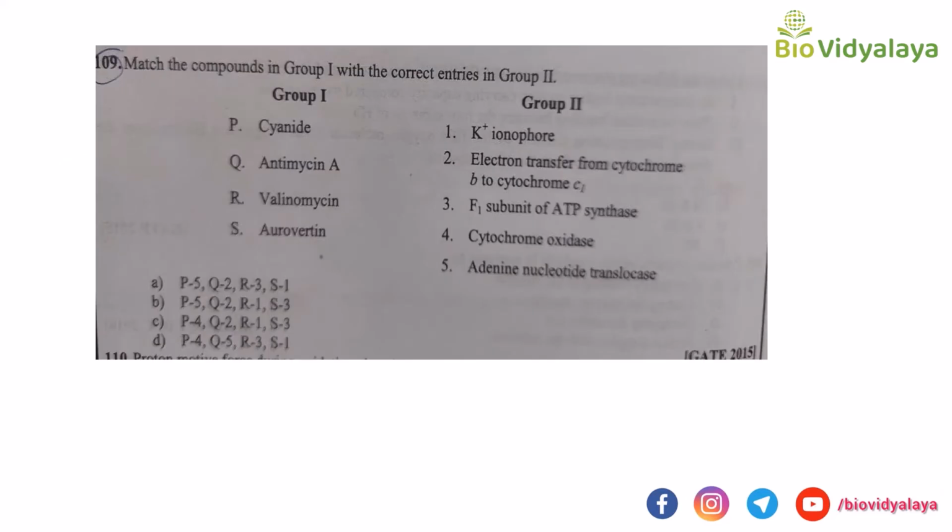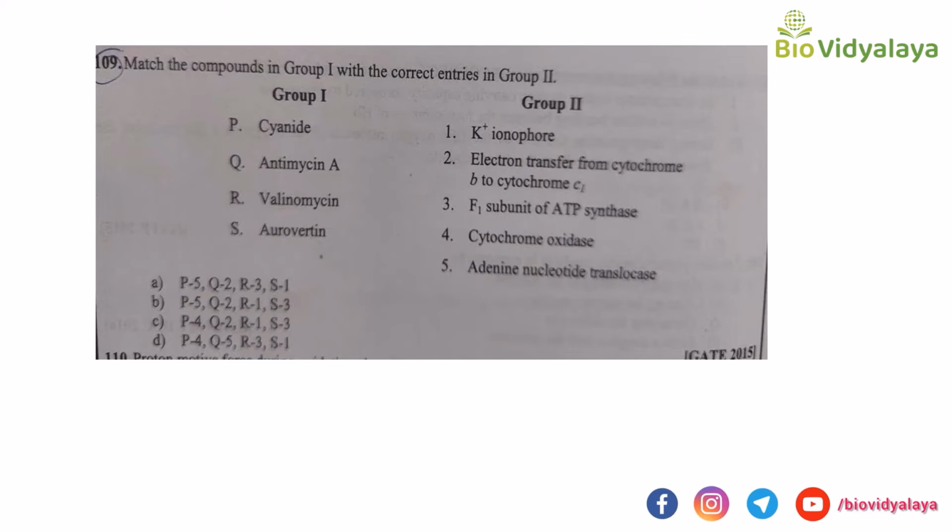So this is the question from GATE 2015. This type of question is also very easy to solve. So here you have to match group 1 listing with group 2. Match the compounds in group 1 with the correct entries in group 2. Group 1: P cyanide, Q antimycin, R valinomycin, S oligomycin.